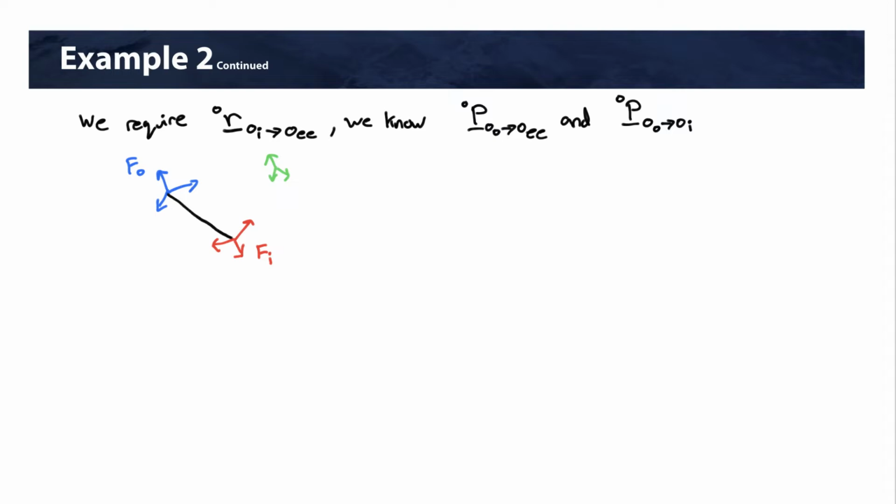We know this vector, that's just P from the origin of the base frame to the origin of frame I. As well, we know this vector, which is P from the origin of the base frame to the origin of the end effector frame. And we're trying to find this vector, which is R from the origin of frame I to the origin of the end effector frame. Again, these are all in terms of our base frame.